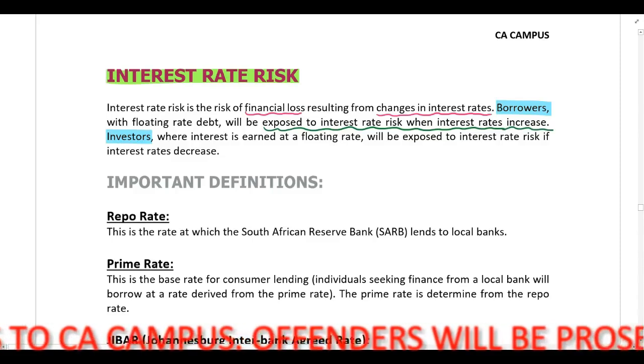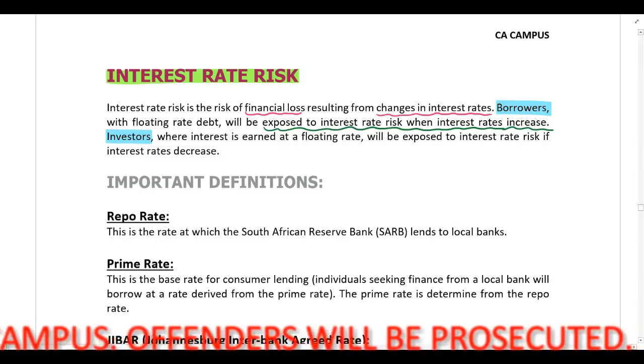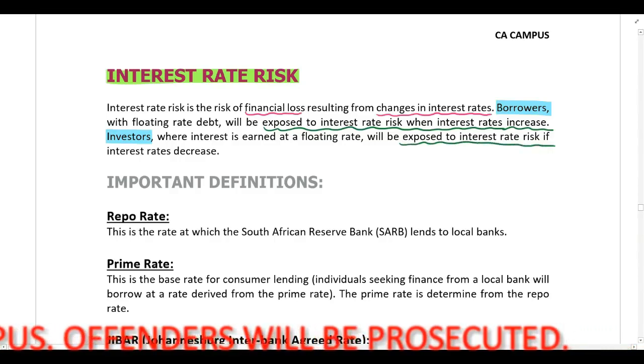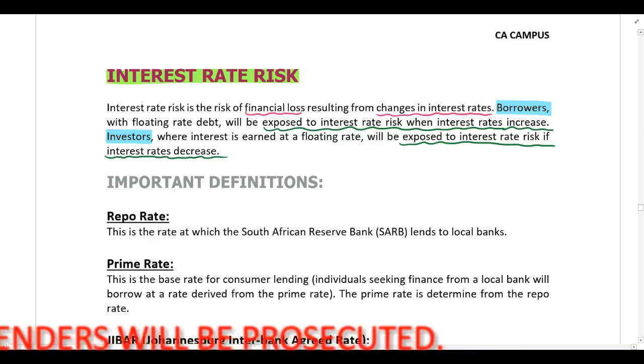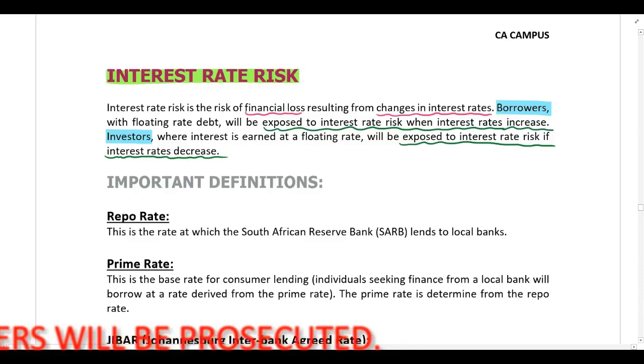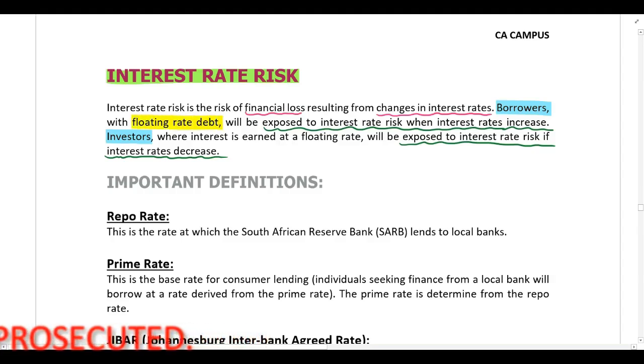On the other hand, if you are an investor, you'll be worried about interest rates decreasing. So they are exposed to interest rate risk if interest rates decrease. Please note you can only be exposed to interest rate risk when you are dealing with floating rate debt and also floating rate investments.